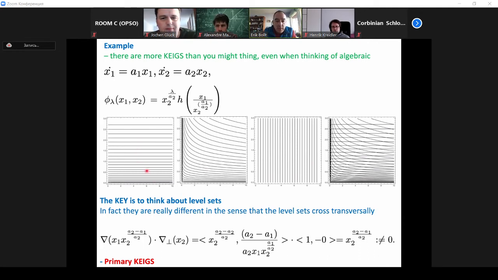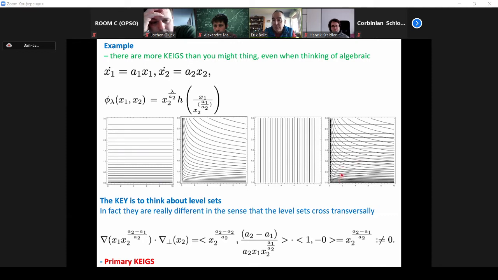So here are 3 different sets of level sets for varying the lambda and the A's, for each a different H. So this one, H is, I think, 1. This was H equal to X squared. And this I flipped the role of the A1 and the A2. Anyway, the point is you have transverse level sets.